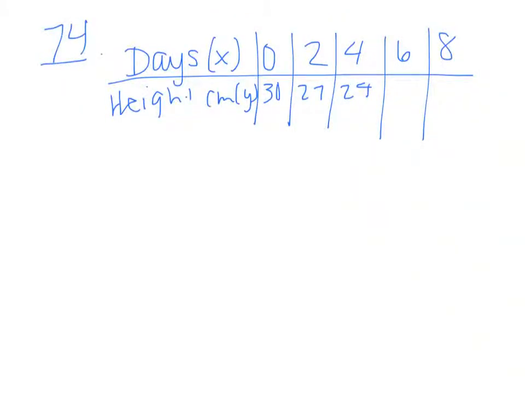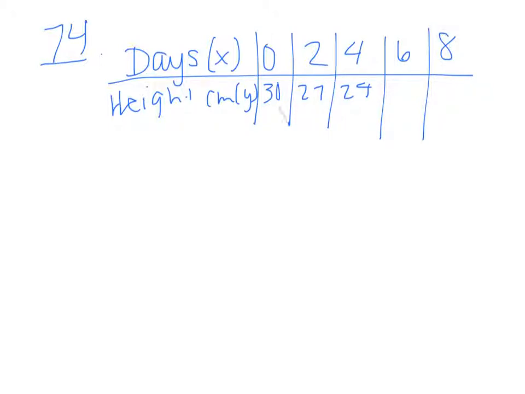The final problem we're looking at is 74, and we have a table of water that's evaporating in a bucket during the summertime, measured in centimeters, and we're counting off by the days. The first thing we want to do is complete the table. We want to see how we are increasing or decreasing as we go along this table.